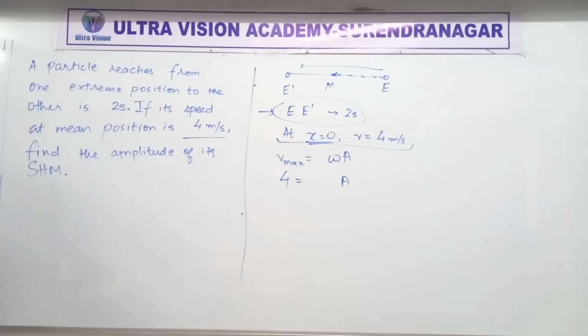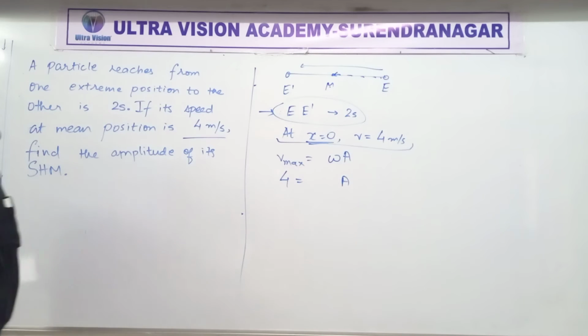Are you sure? Omega will be 180 degrees. Raj, are you kidding? Omega will be pi by 4. Okay, pi by 2, 2 pi. We are getting lots of different answers. Pi again, pi by 2.